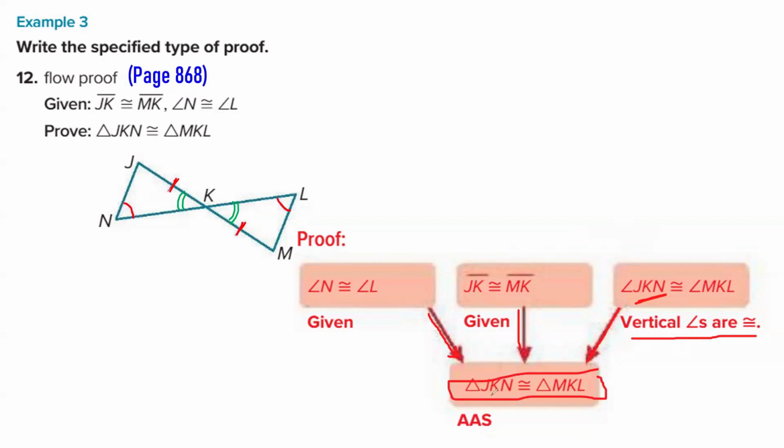The conclusion is that these two triangles are congruent. And why is that? Which method is that? This is the angle side method, or criterion.